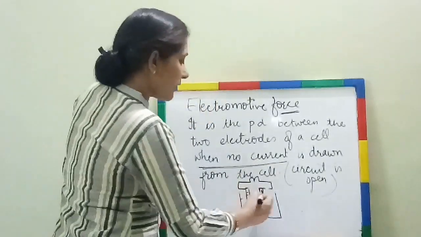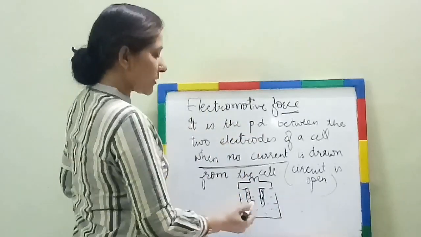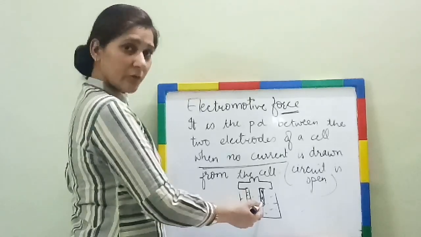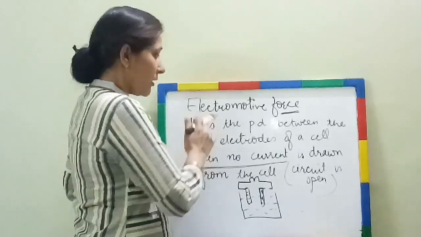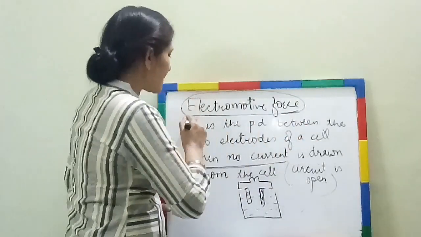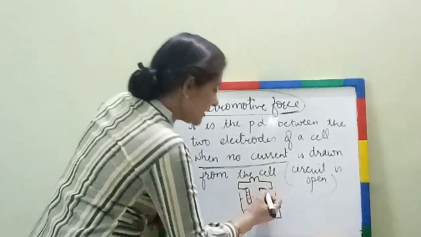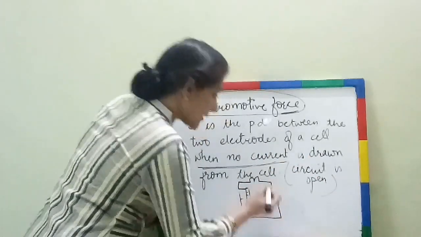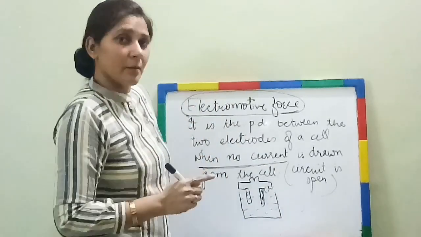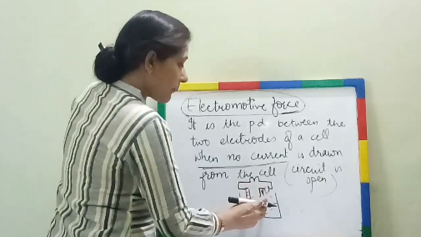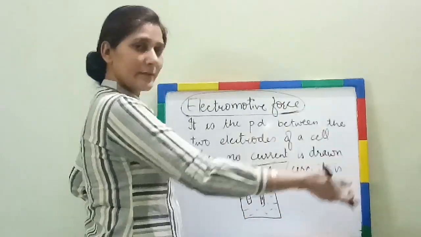But for the definition of EMF, it is the potential difference between these two electrodes, whatever potential difference is provided by the cell. When we talk about electromotive force, we can define it when no current is drawn from the cell, means when this key is not closed, it is open. If it gets closed, then we are not talking about the potential difference, the capacity of the cell will change. That we will learn in terminal voltage.